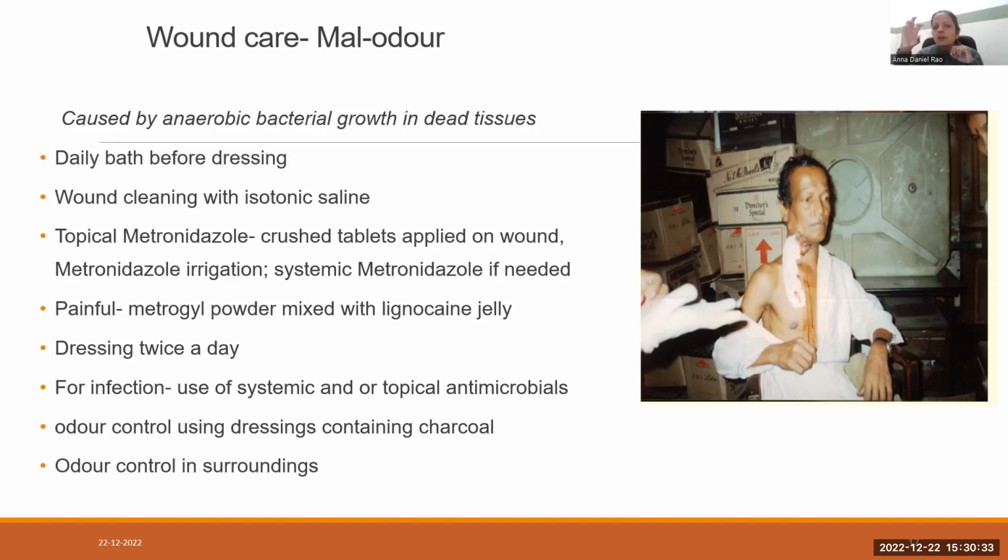The small droplets will go deep into the cavities, so whenever there is any fistula formation or big cavities have occurred, that will help. Then when the wound is painful, make a jelly of metronidazole and lignocaine and apply it over the wound. Dressing at least twice a day is very important in any situation.